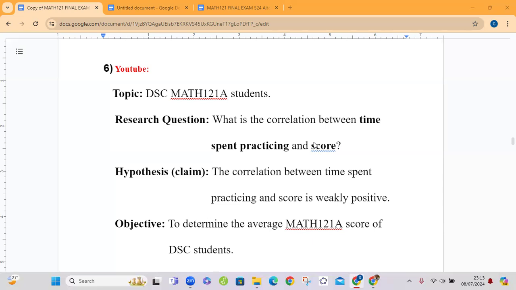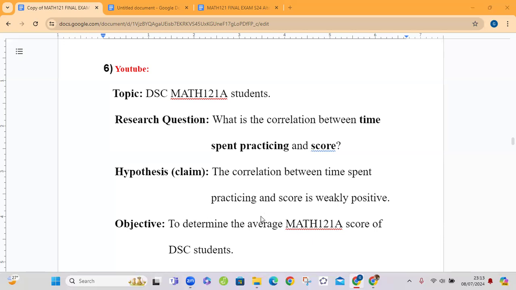So according to what the researcher is saying, time spent practicing does not play a major role in your score. That's why he claimed a weak positive.